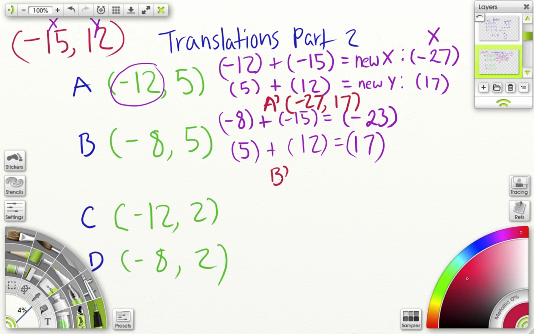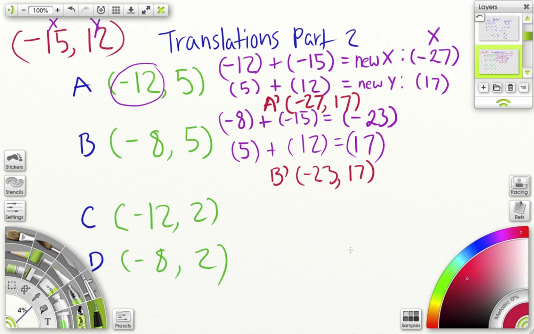Now we are doing the new translations, which is our prime. So then we take negative 17. This one was negative 23 and positive 17. And we would do the same procedure for both C and D. So you're adding those integers together.